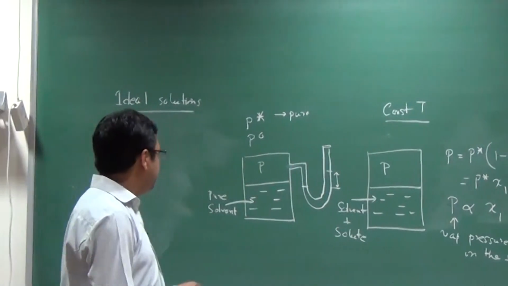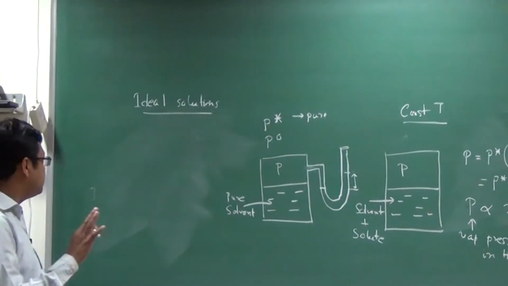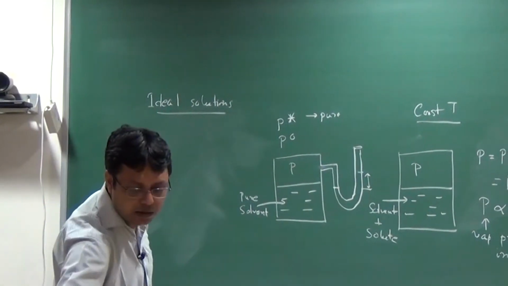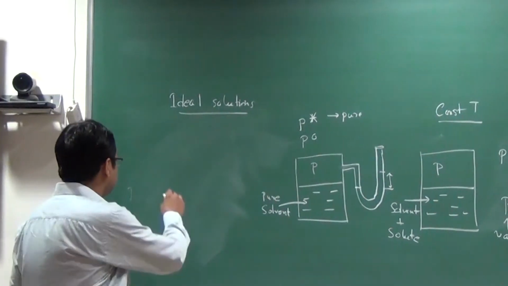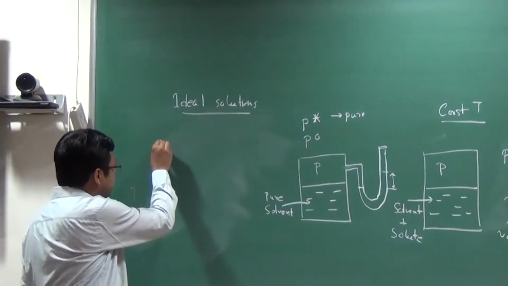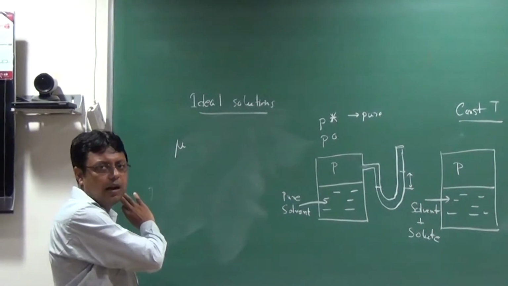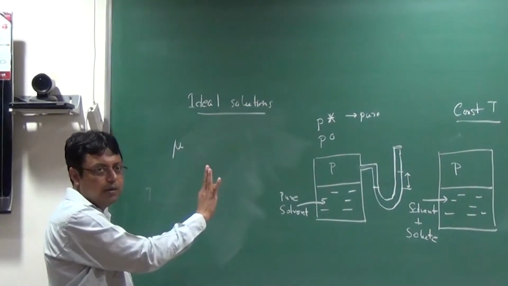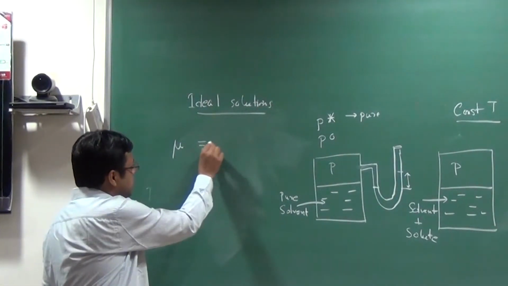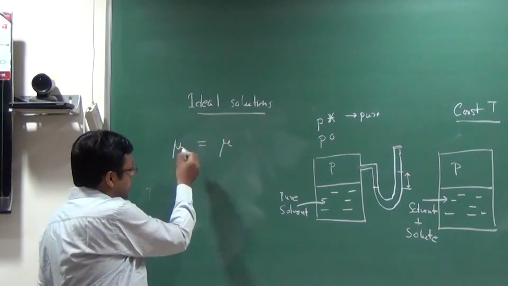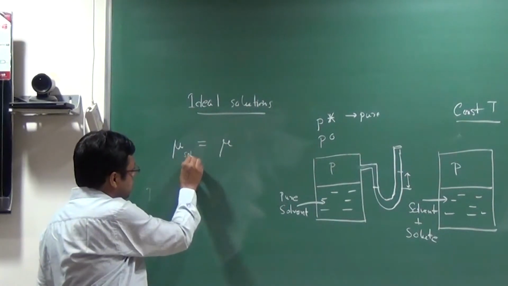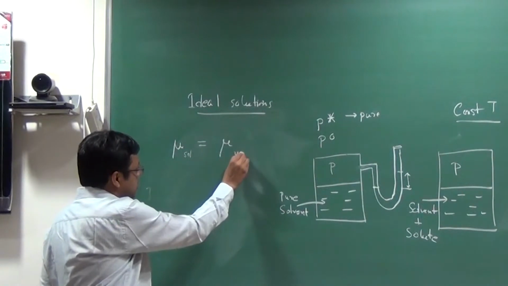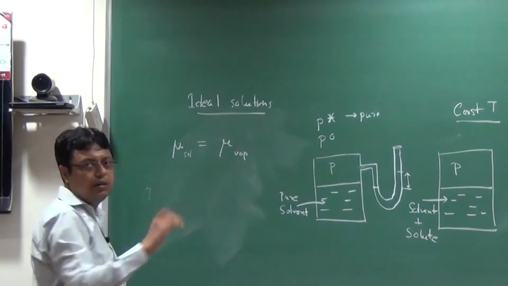Now, we try to keep it very simple. What we are going to say is that the mu in the two phases should be identical when equilibrium has been reached. So the mu in the solution phase is equal to the mu in the vapor phase.